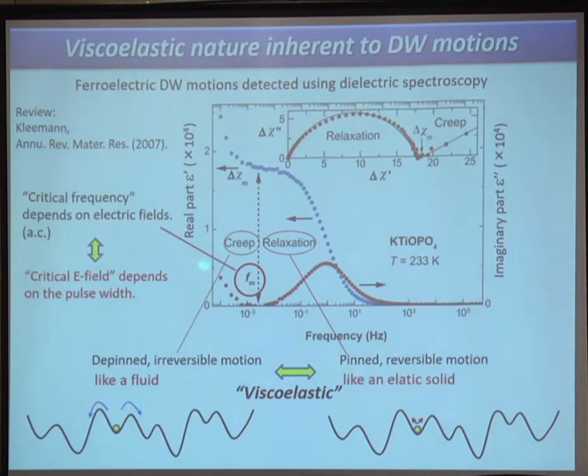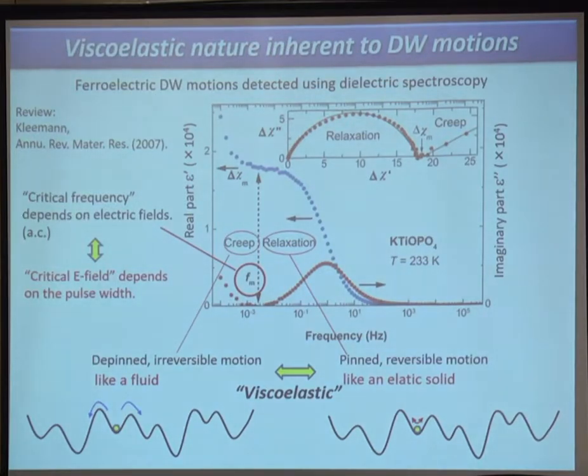But at lower frequencies, domain walls start to depin and exhibit irreversible motion, like a fluid. This is the viscoelastic nature seen in the frequency domain. The critical frequency between the pinned regime and the depinned regime depends on the strength of the electric field. Conversely, if we consider domain wall depinning under pulse applications, the critical electric field depends on the pulse width.